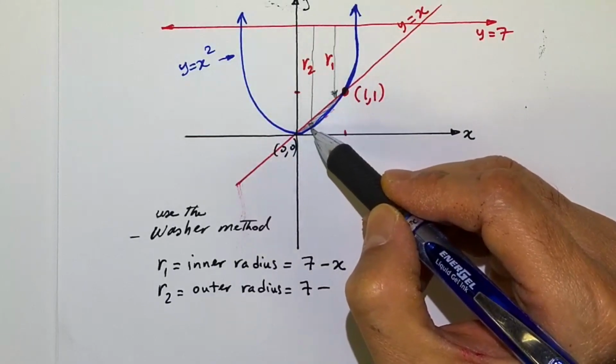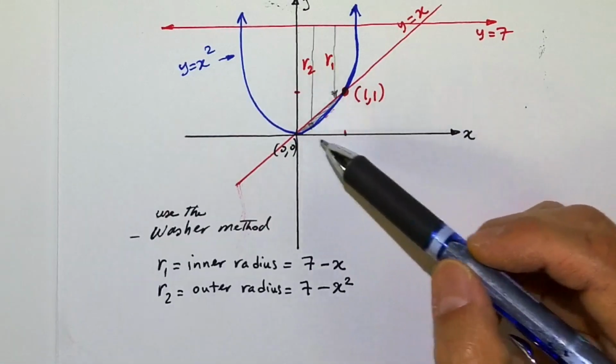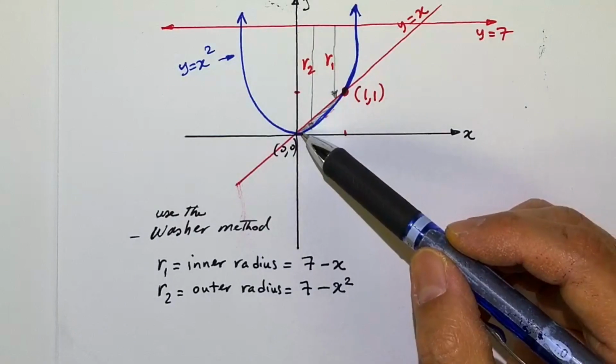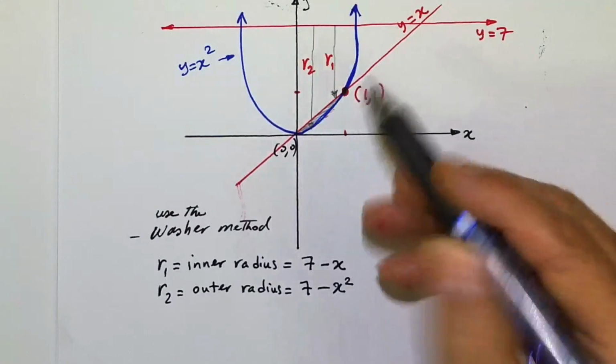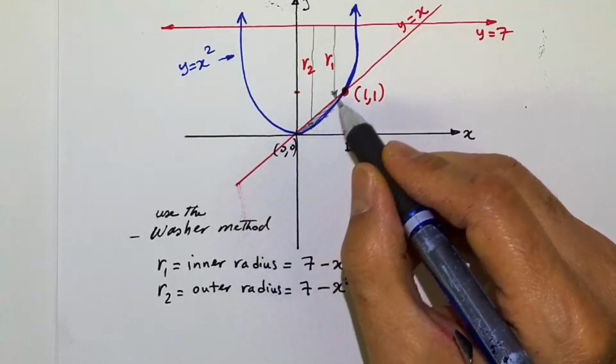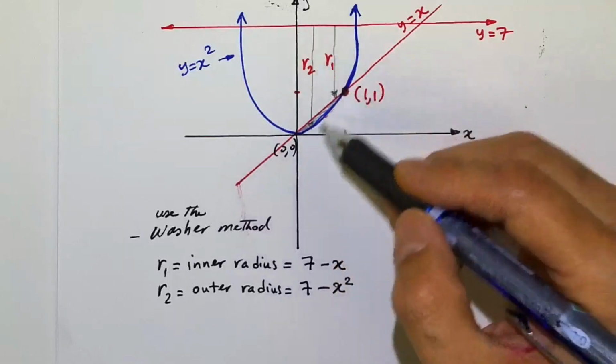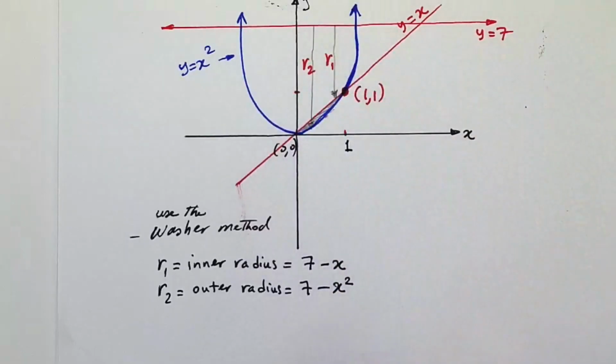That distance that falls on the curve is x squared, so minus x squared. Okay, and then the question of from where to where we're integrating: it's going to be from 0 to 1, right? That's the portion of this graph that we are integrating about the y equals 7 line.